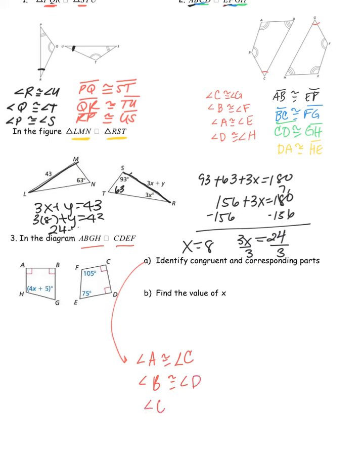Angle G is congruent to angle E, and angle H is congruent to angle F. Okay, same order.